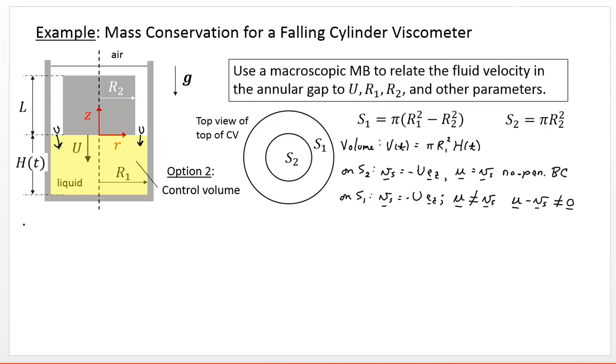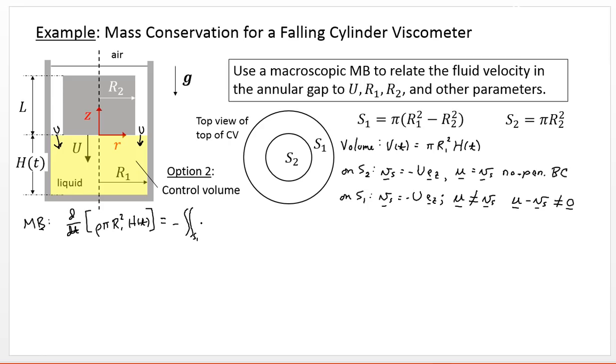All right, so now we can apply the macroscopic mass balance. We have the rate of change of the total mass in the volume, and since the density is constant, it's just the product of the density and the volume V listed here. So we get rho pi r1 squared h of t, and this is equal to the surface integral, which we break up into two parts over surfaces S1 and S2.